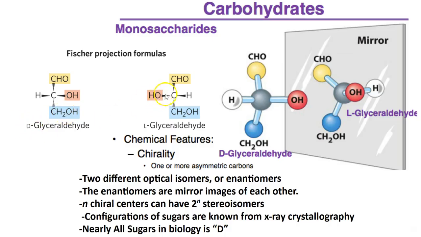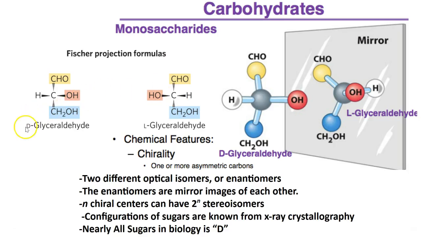And for the L, the highest priority is this hydroxyl group. Then it starts to go right with the highlighted yellow, but then gets blocked again. So we go in the opposite direction, and that makes it an L stereoisomer.